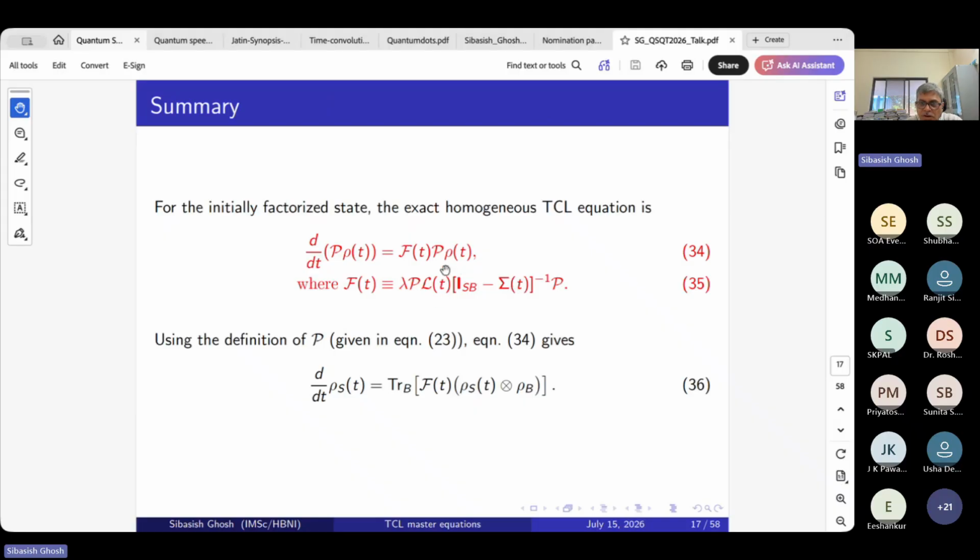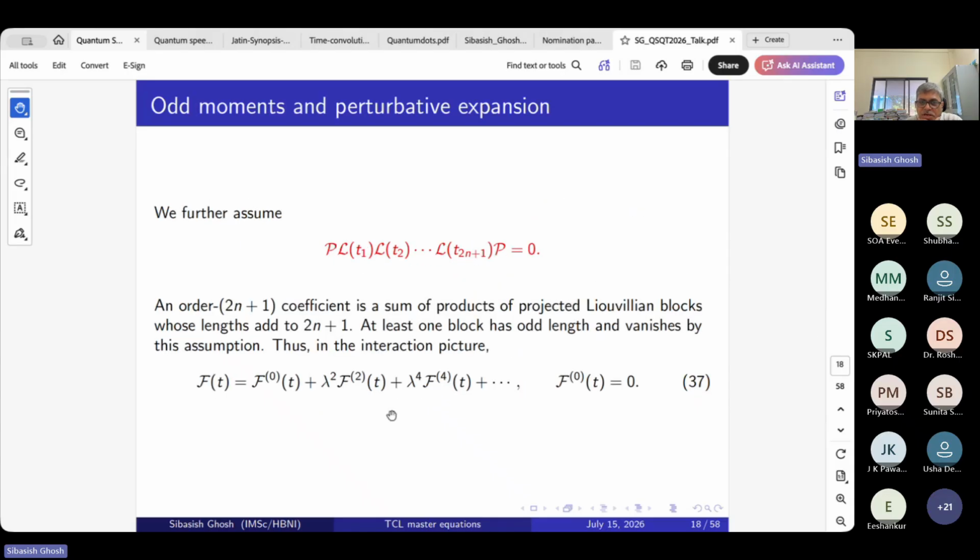So if you use perturbation, you will have all the powers, lambda, lambda square, lambda cube etc. But under this assumption, what you can show is that in that power series, only the even powers of lambda will survive, the odd powers will go away. So in this expression of f of t, the first term is lambda to the power 0, then lambda square f2 of t, lambda to the power 4 f4 of t and so on, and f0 of t is 0. Basically this is identity, there is no interaction between the system and the bath.